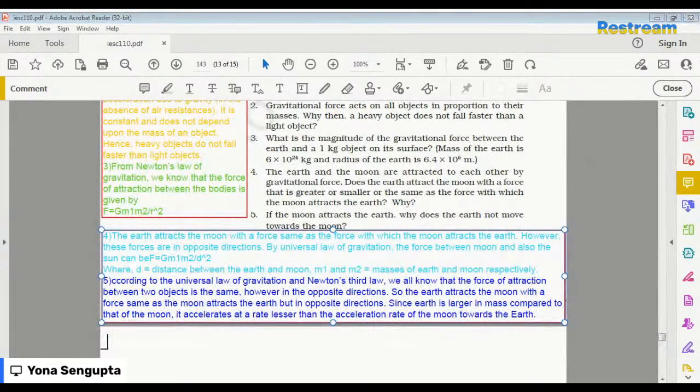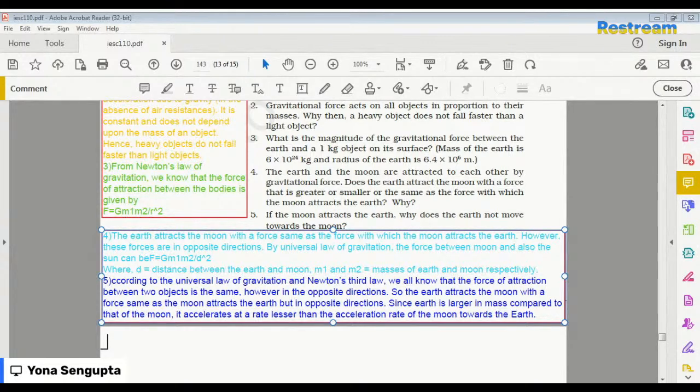So basically, as a summary, according to the universal law of gravitation and Newton's third law, the force of attraction between two objects is the same, however in opposite directions. The earth attracts the moon with a force the same as the moon attracts the earth, but in opposite direction.